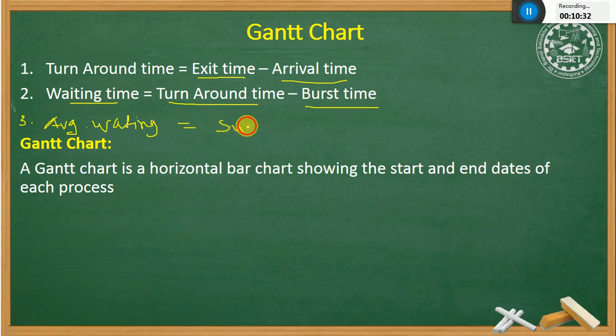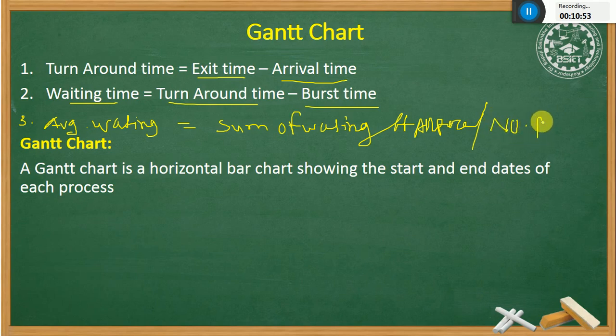Average waiting time is equal to the sum of waiting times of all processes divided by the number of processes in the given problem.